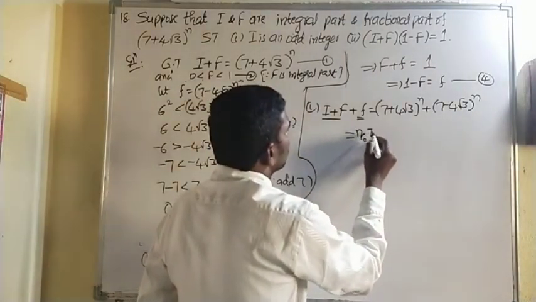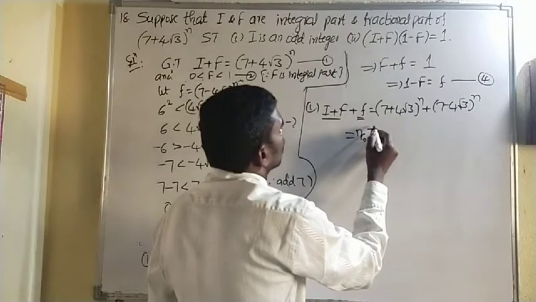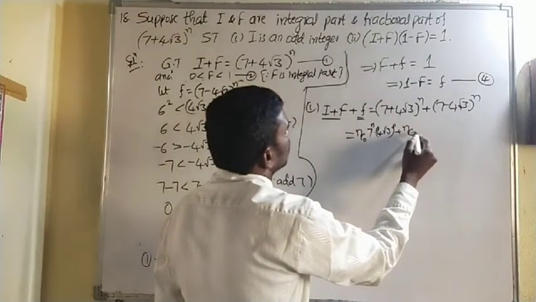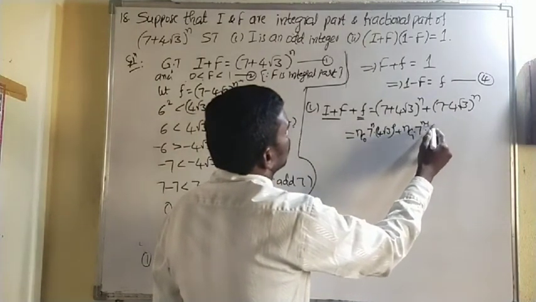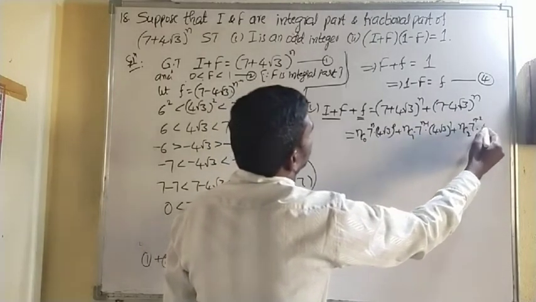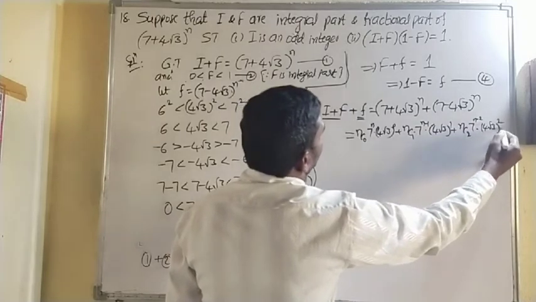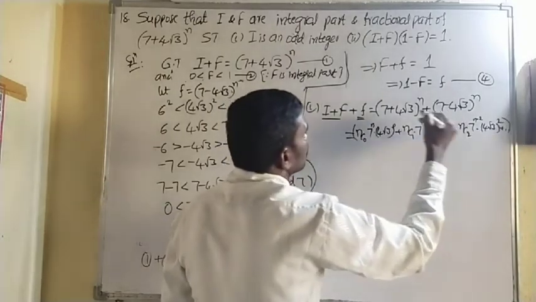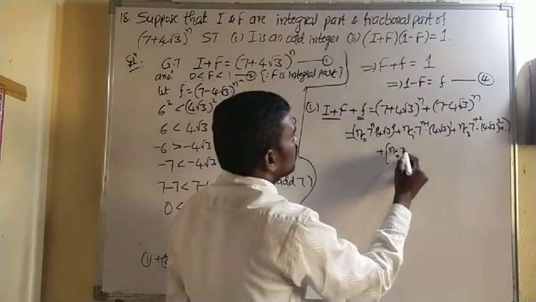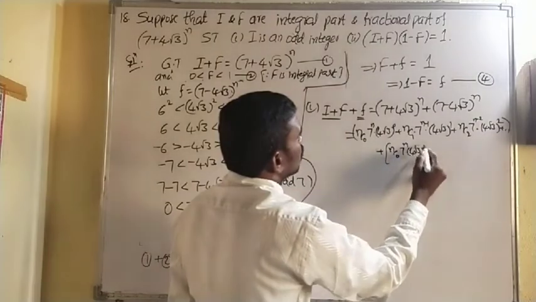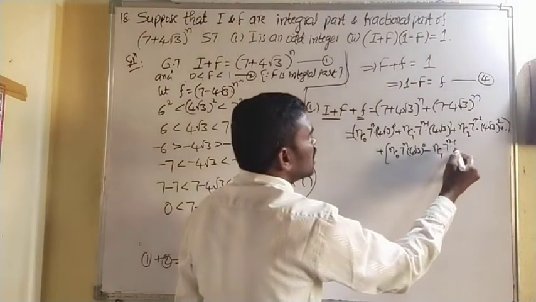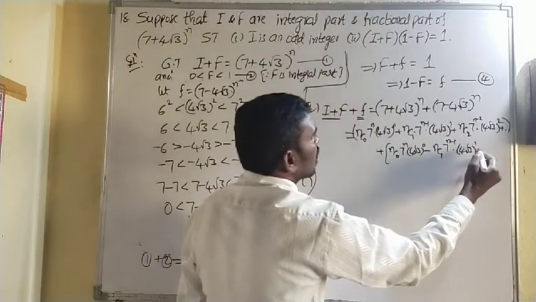NC 0 into 7 power n into 4 root 3 power 0 plus NC 1 into 7 power n minus 1 into 4 root 3 power 1 plus NC 2 into 7 power n minus 2 into 4 root 3 power 2 plus so on. This is about the first one, and for the next one, NC 0 7 power n into 4 root 3 power 0 minus NC 1 7 power n minus 1 into 4 root 3 power 1 plus so on.